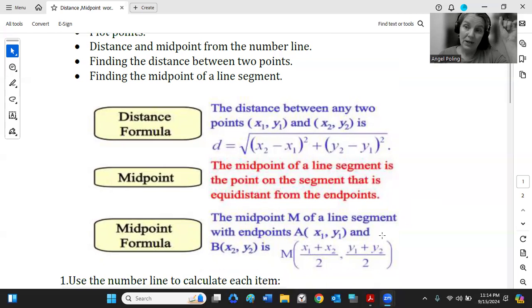To find the midpoint using the formula, we add the x's and divide by 2. Then we add the y's and divide by 2. The value for the x's is in the x component, and the value for the y's is in the y component. And this is a point.